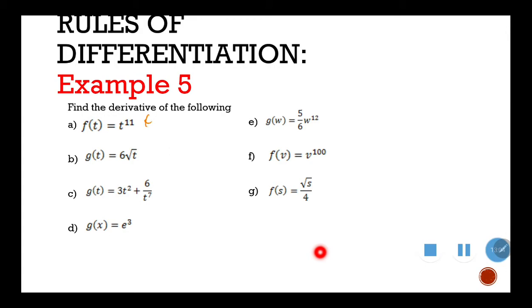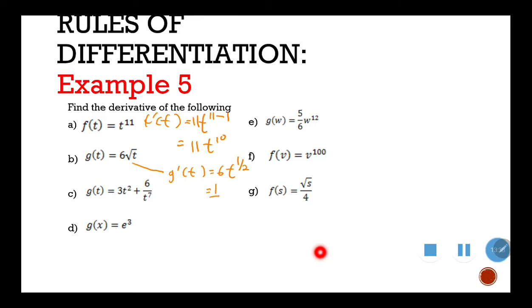So f prime t should be 11 to the front, and then 11t to the power of 11 minus 1. And then for this one, g prime t can be rewritten as 6t to the power of half.